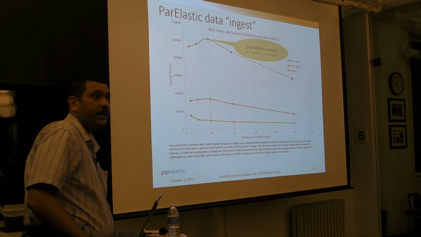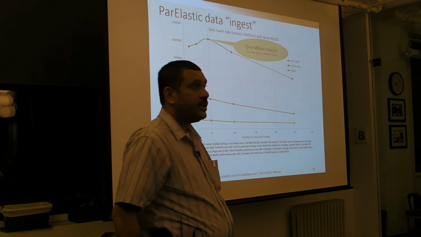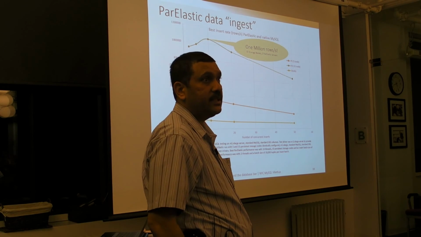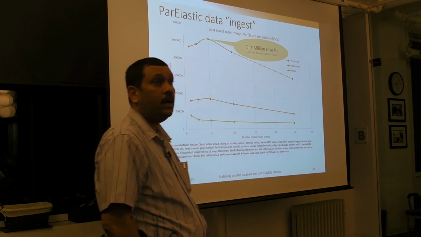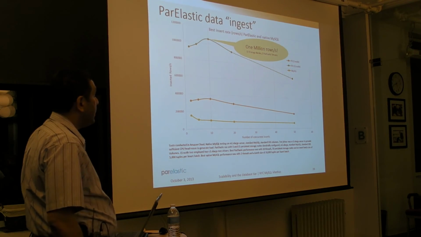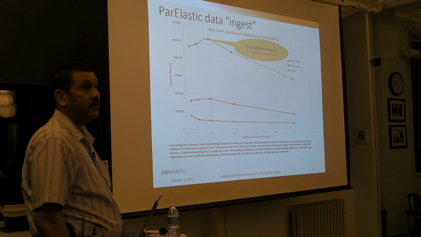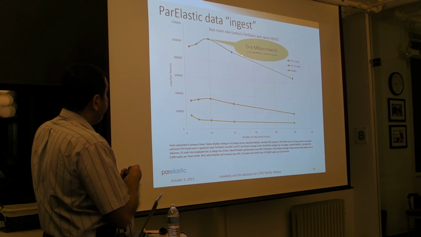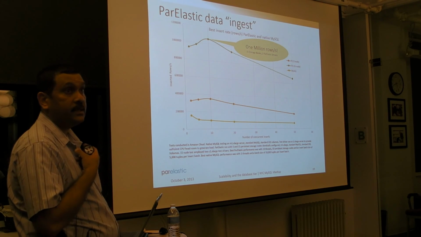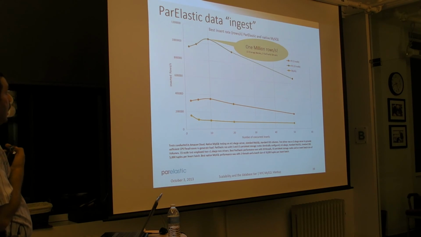Very new information. This is from a couple of days ago. A lot of people tell me that they have to use NewSQL because you can't ingest data really fast into a SQL database. I can do a million rows a second if you want. Data looks like CDR data, so if you're familiar with what a CDR record looks like, that's what we did. 15 MySQL servers, 2 ParElastic servers doing the ingest.